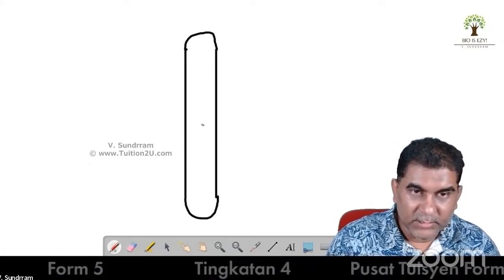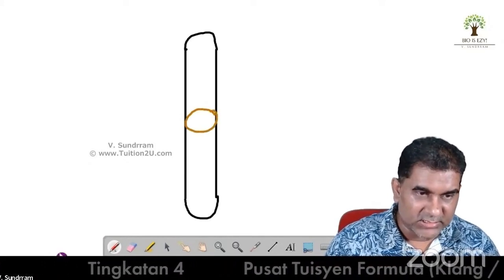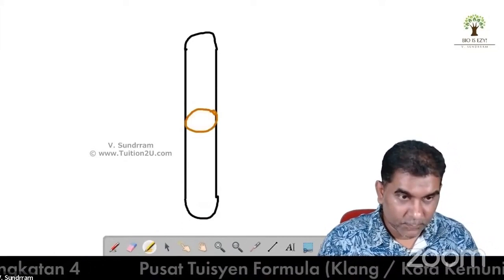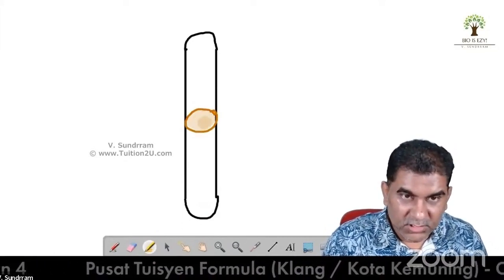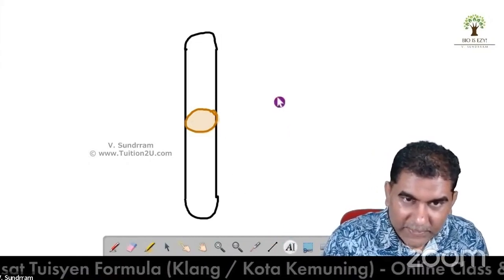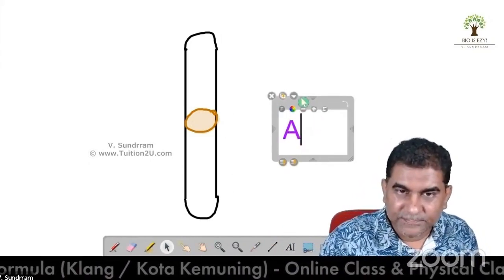And by right, somewhere in the middle, they'll have a centromere. So this circle is the centromere.